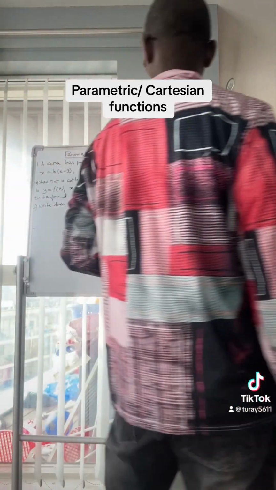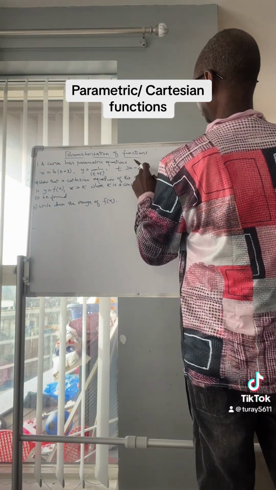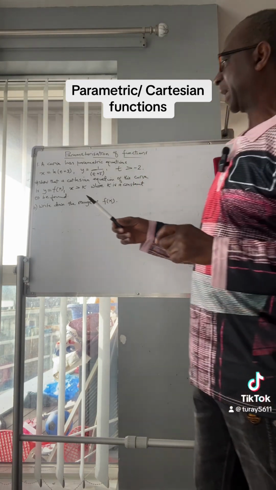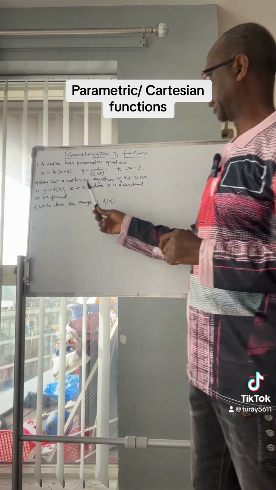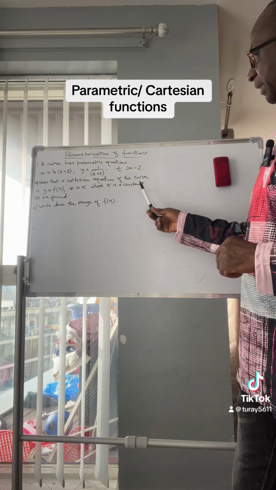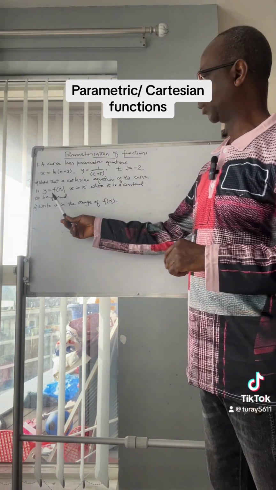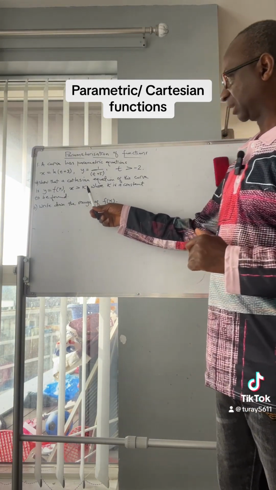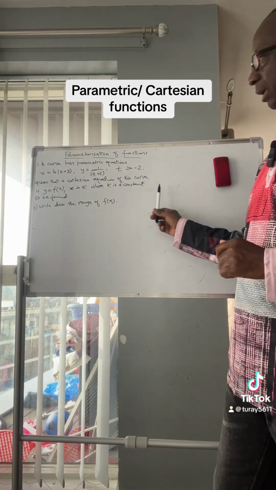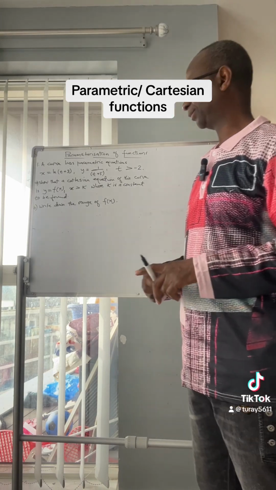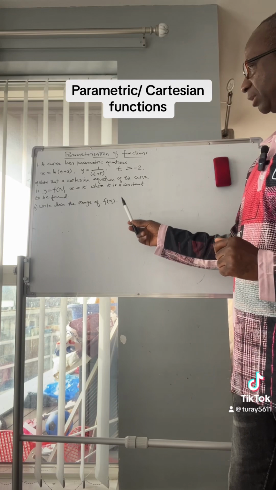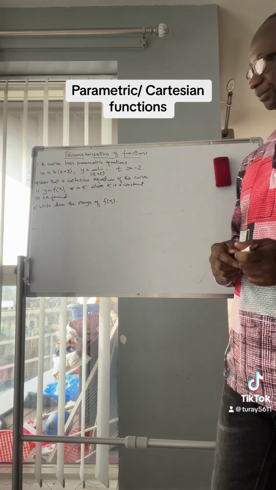We are asked to show that a Cartesian equation of this curve is y equals f of x, and x is greater than k, where k is a constant to be found. Part B says write down the range of f of x.